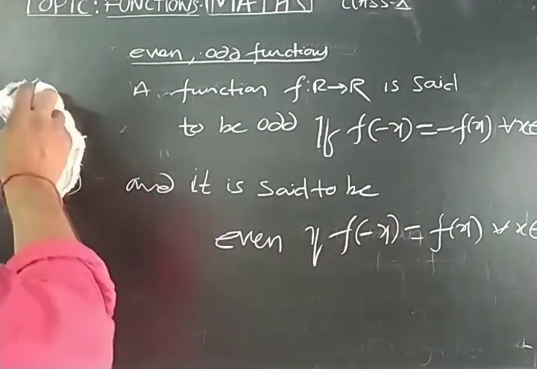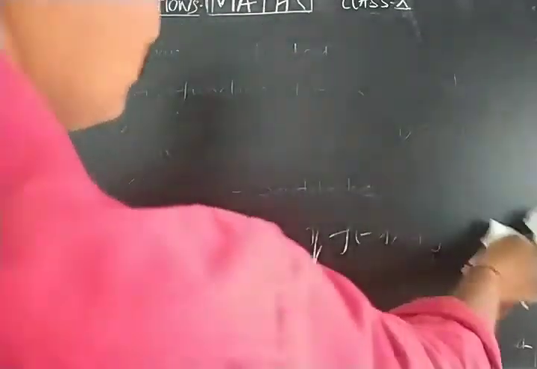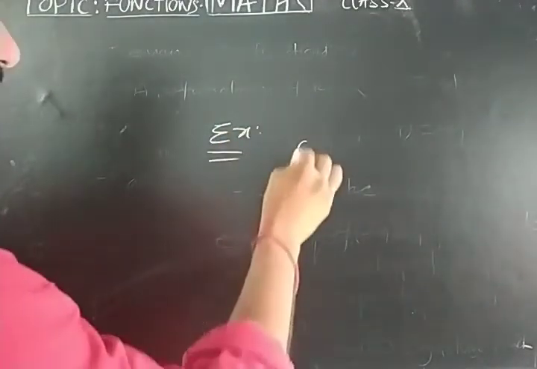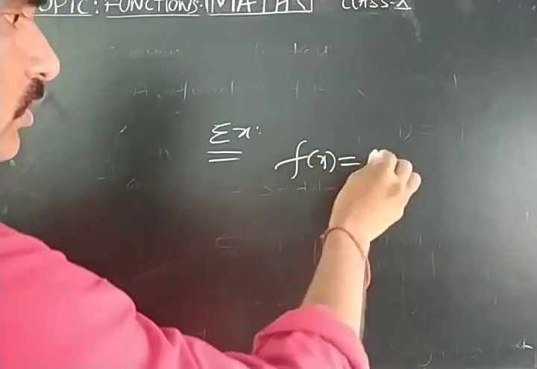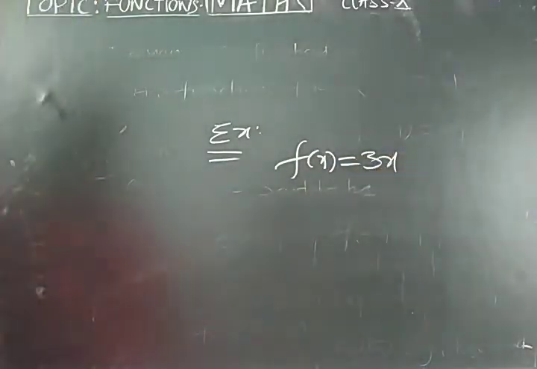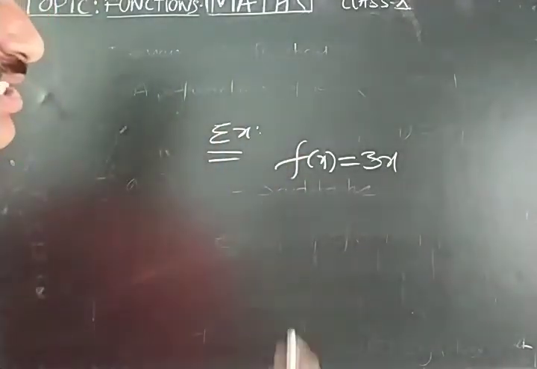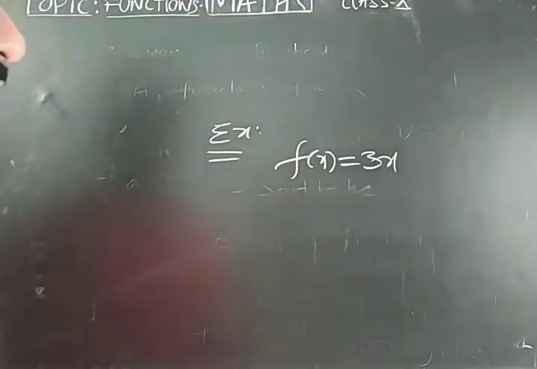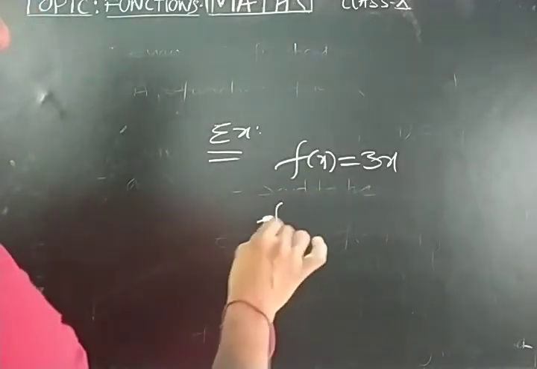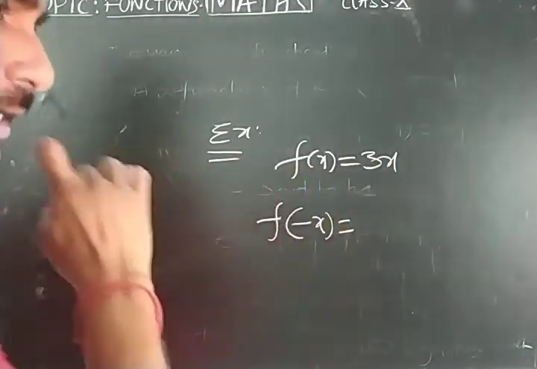Okay, I will explain one example of how to identify even function, odd function, right? Example, suppose I am taking one function f of x is equal to 3x. This is the function from real number to real number. Now I am going to find whether this function is even or odd. To know whether the given function is even or not, you should substitute minus x in place of x in the definition, at left hand side also.